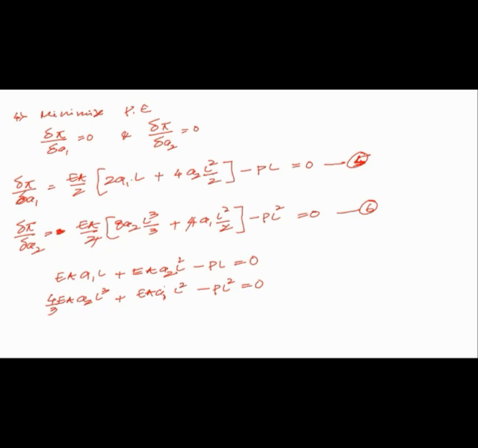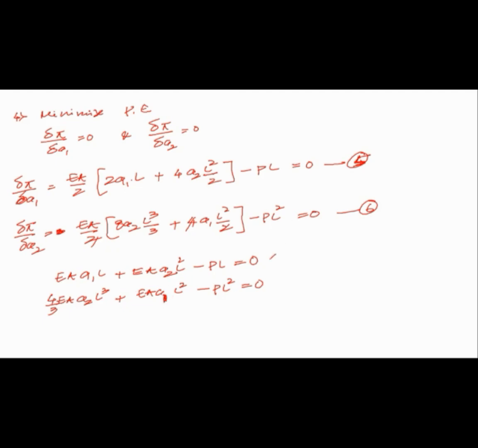Now if I want to solve these two equations as simultaneous equations, here I have EA A1 L and here I have EA A1 L square. So some of the terms I have to cancel, but here I have single L and here I have L square.